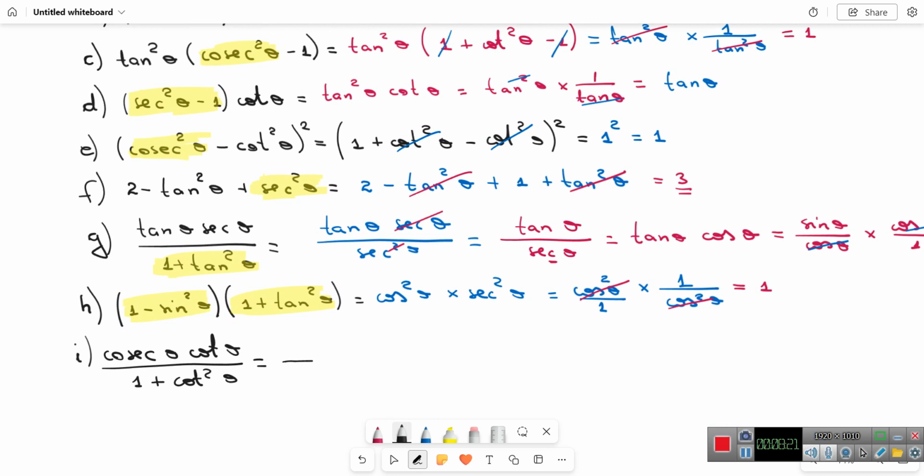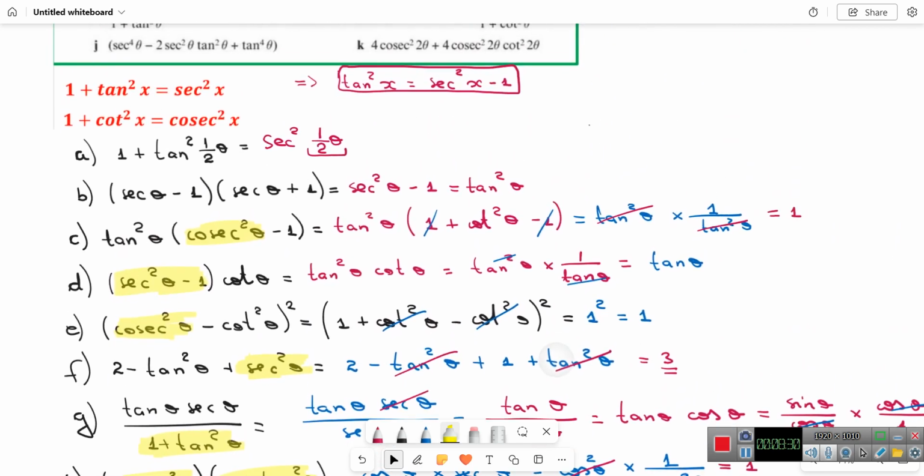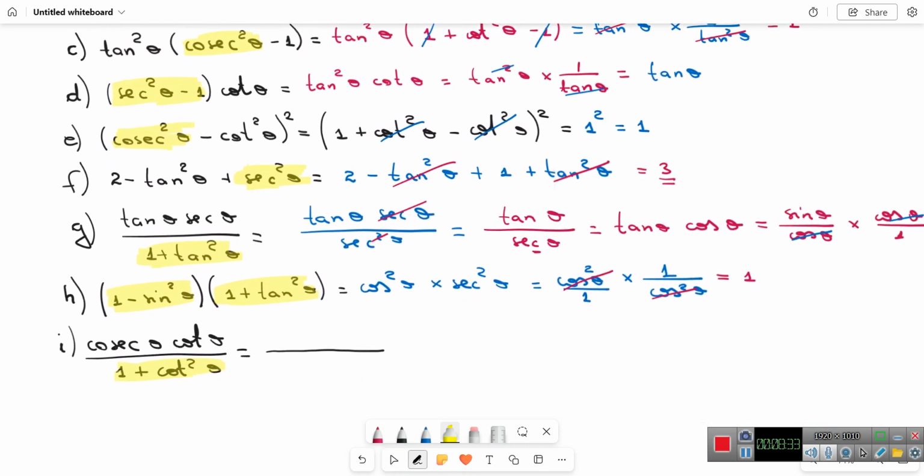So I do nothing to the numerator, but I replace 1 plus cot squared by cosec squared of theta. The numerator is cosec theta cot theta, which can be cancelled down and leaves us with cot theta over cosec theta.